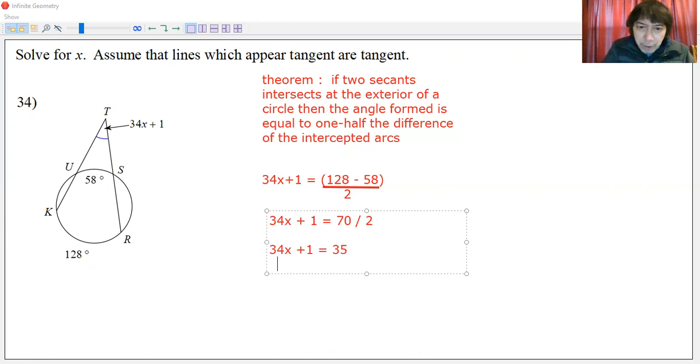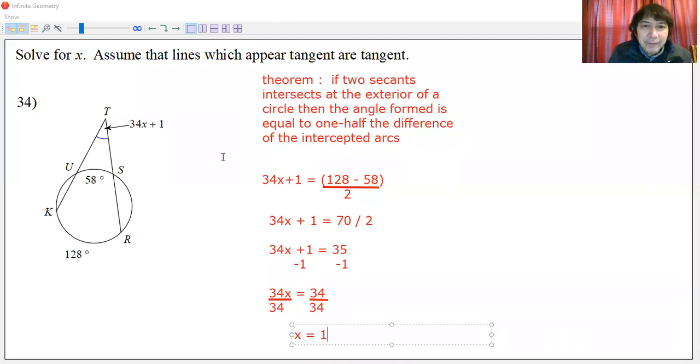Subtracting 1 from both sides, we get 34x is equal to 34. Dividing both sides by 34, we will have x equal to 1. That's our answer. X is equal to a value 1. Very simple answer.